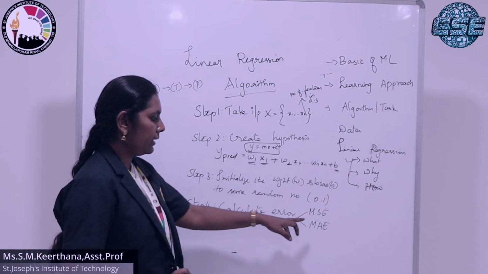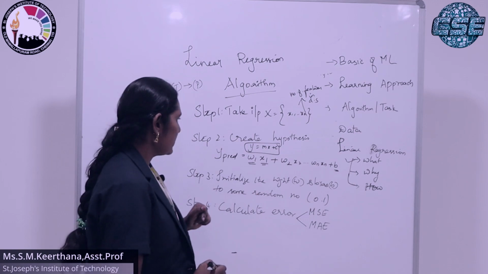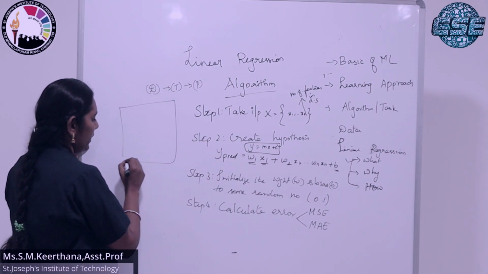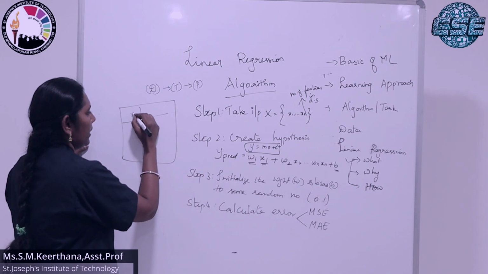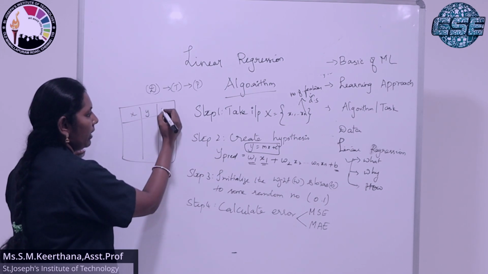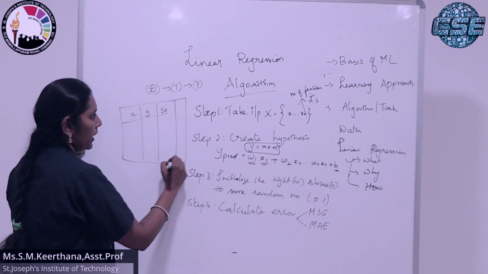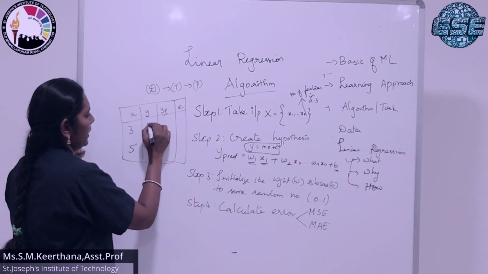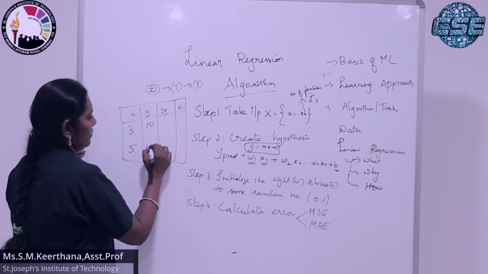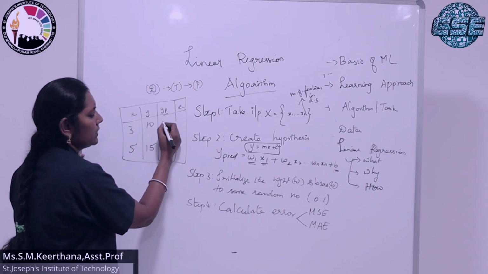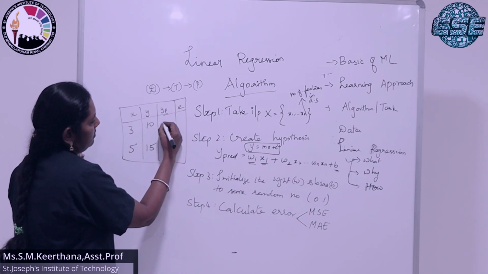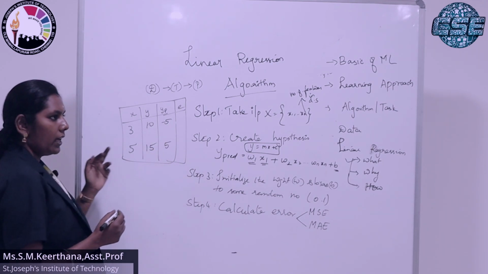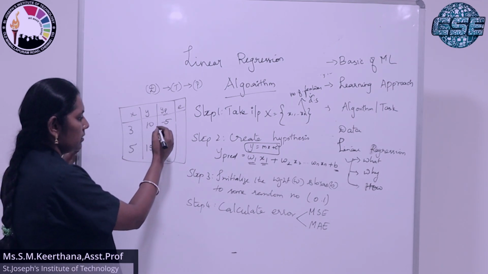Why we are taking either squared or absolute error, I would like to give an example. Suppose we are having data like x. This is my input, this is my y and this is my prediction, and here I am going to calculate my error: 3, 5, 10, 15, and my y prediction is minus 5, and here I am getting plus 5. So now I am going to calculate my error.